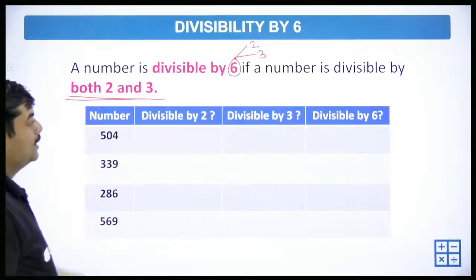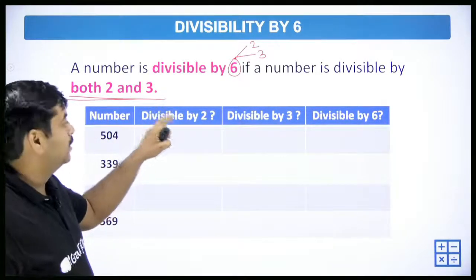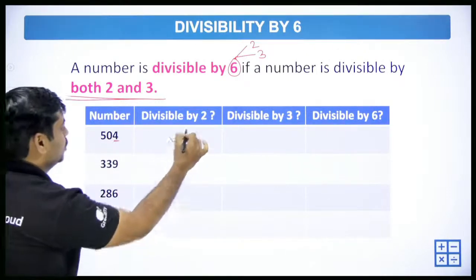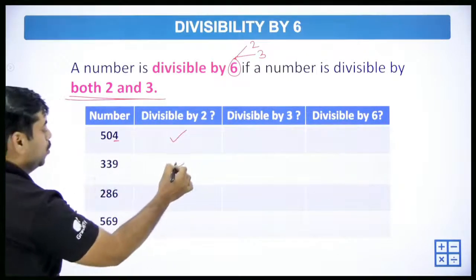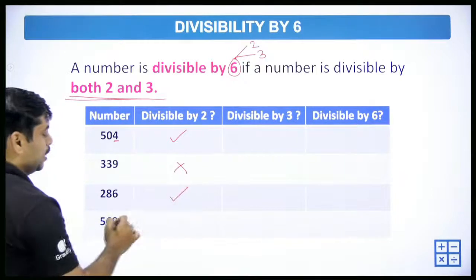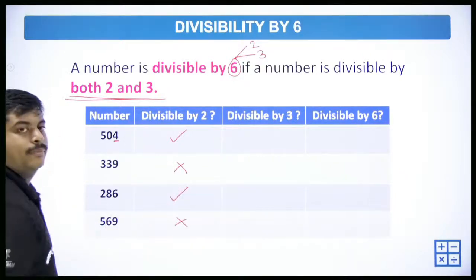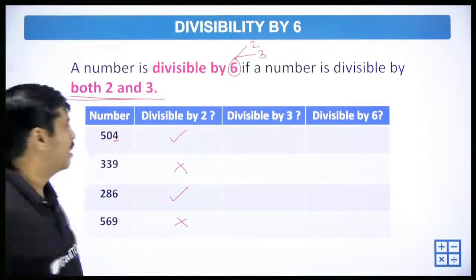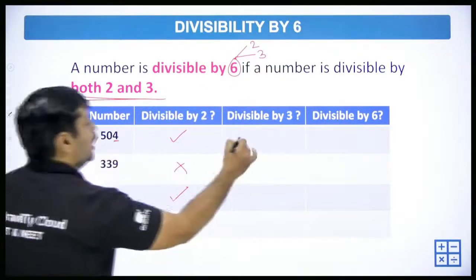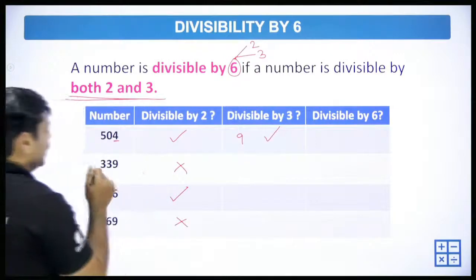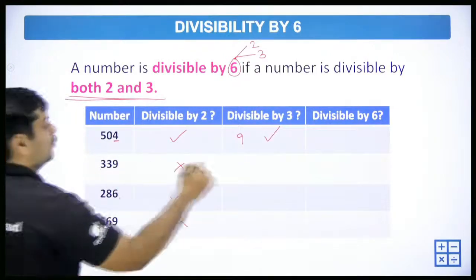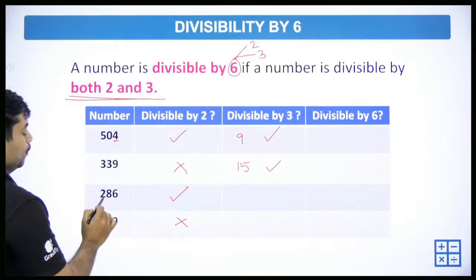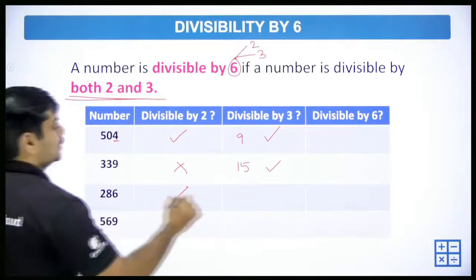504. Is 504 divisible by 2? Yes, because 4 is an even number. 9? No. 6? Yes. 9 again? No. But now what about divisibility by 3? So we need to add the digits. 5 plus 0 plus 4 is 9. Yes, it is divisible by 3. 3 plus 3 is 6, 6 plus 9 is 15. Yes, it is divisible by 3. 2 plus 8 is 10, 10 plus 6 is 16.